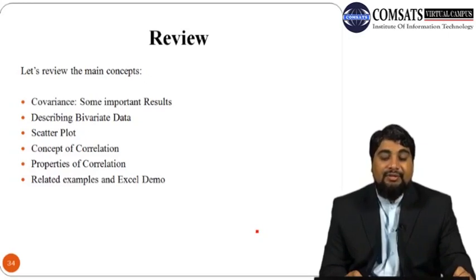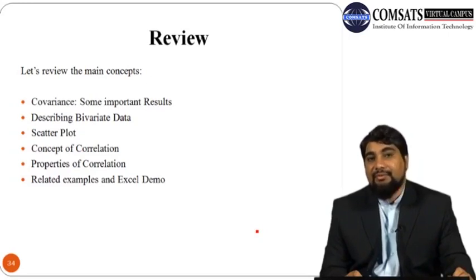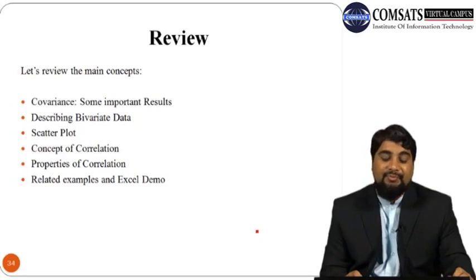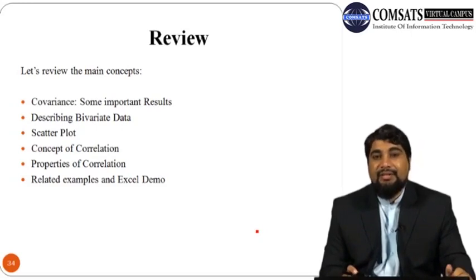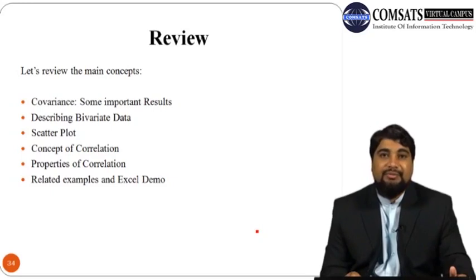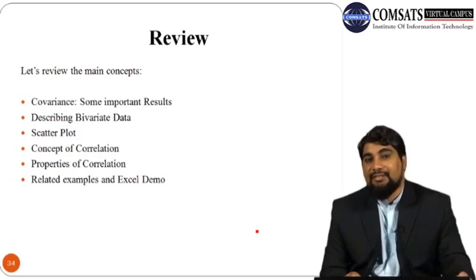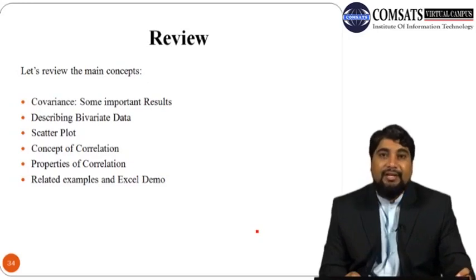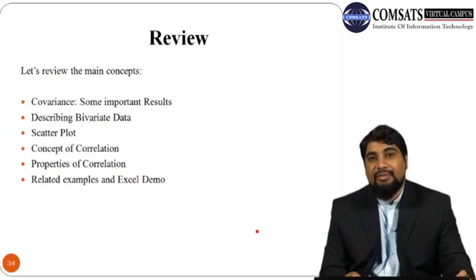Then we discussed how we can describe a bivariate data set by using a scatter plot, and then the concept of correlation was introduced, which measures the strength of the linear relationship or linear association between the two variables. Then we discussed how we can use MS Excel to calculate the correlation between two variables, and then some of the useful properties of correlation.